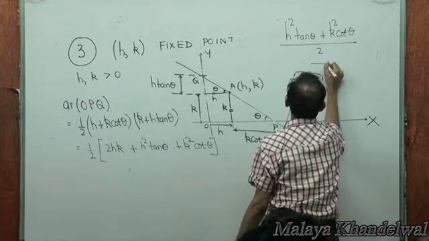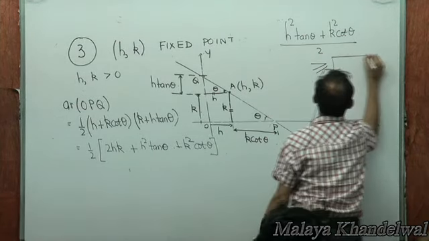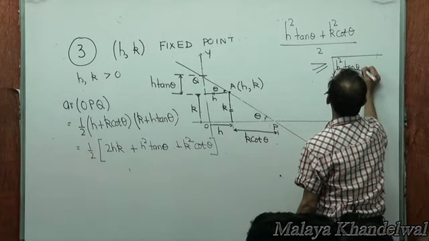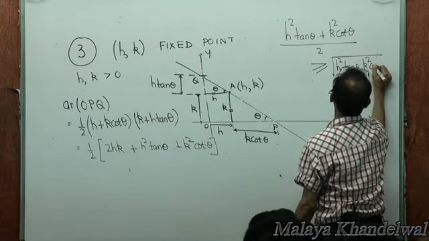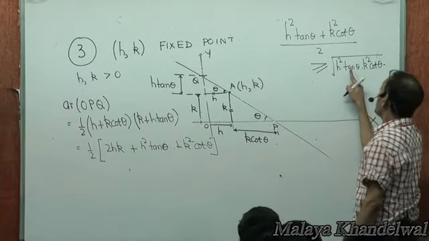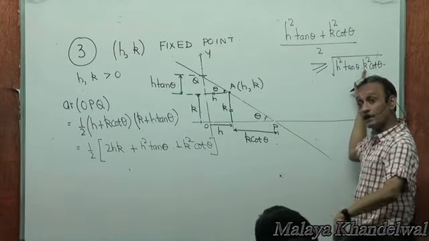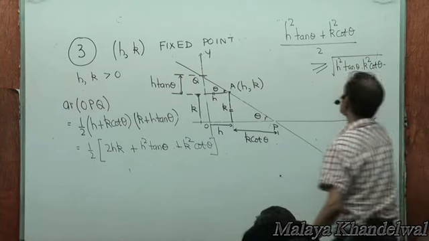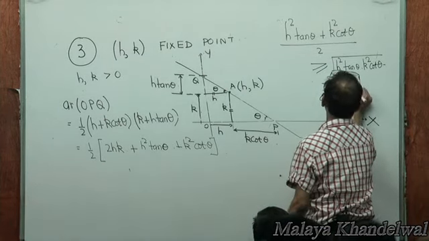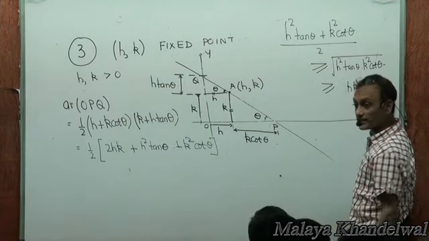So this must be greater than or equal to the square root of H squared tan theta into K squared cot theta. Tan theta cot theta is 1, and root of H squared K squared is HK. So this is greater than or equal to HK.